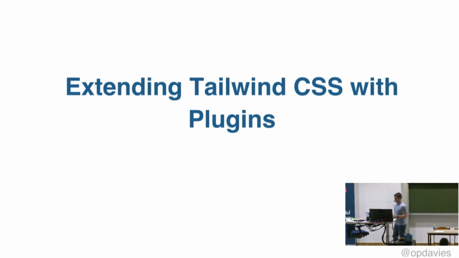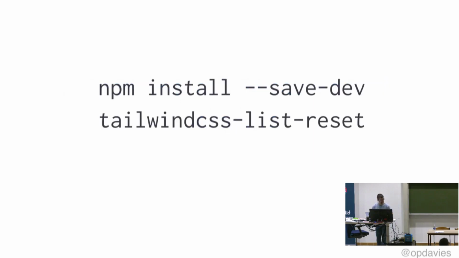And the last section of this we've seen is plugins. You can write your own plugins, or plugins themselves are also NPM packages. So here's an example of adding another one. These are all available on the NPM website. This one is called Tailwind CSS List Reset.